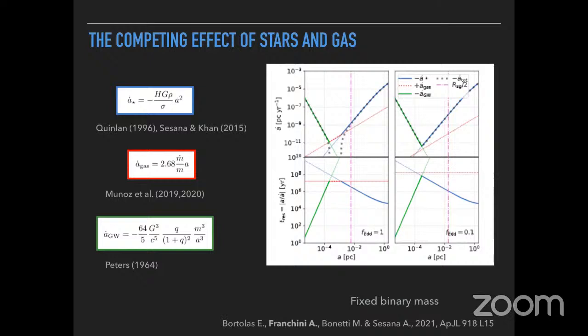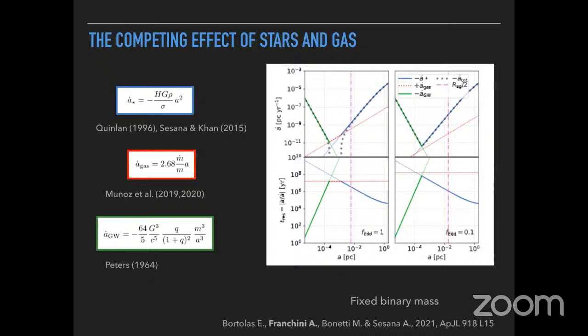These plots show, in the upper panels, A dot, and in the lower panels, the residence time, which is essentially A over A dot. You can see the different contributions of stars, gas, gravitational waves, and the total A dot, which is the sum of these three components. This is for an Eddington ratio of 1, so the binary is assumed to be accreting at Eddington, and this is for Eddington ratio 0.1.